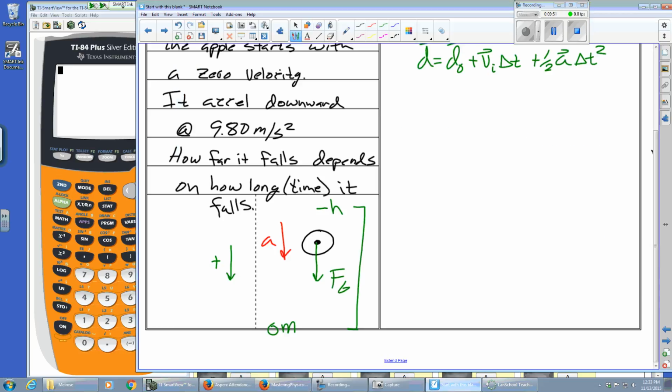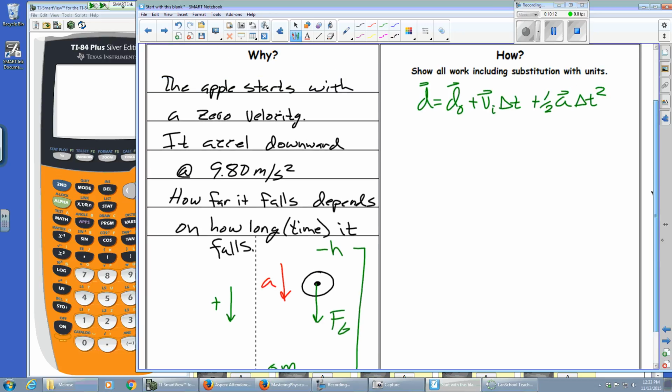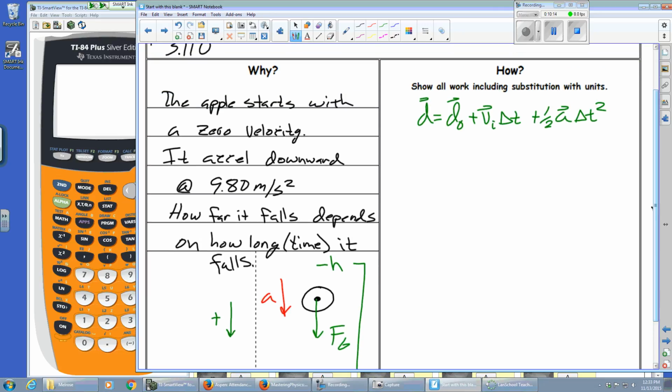Well, it's going to fall from negative h to 0. So how far has it fallen? h. Does that make sense? We could have called that Bob. And then if it fell from Bob to 0, how far is it falling? Bob. It doesn't matter what we call it.